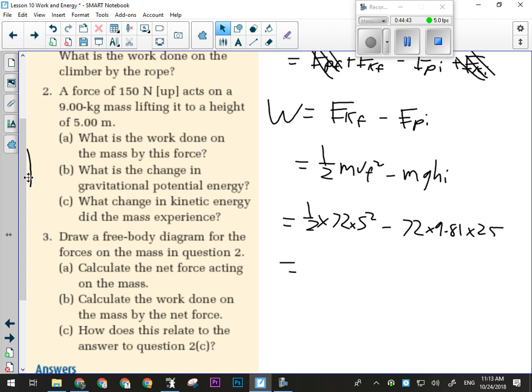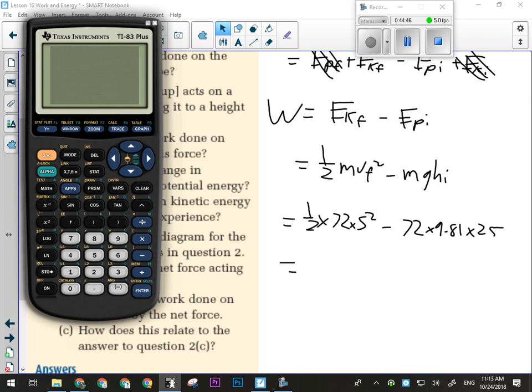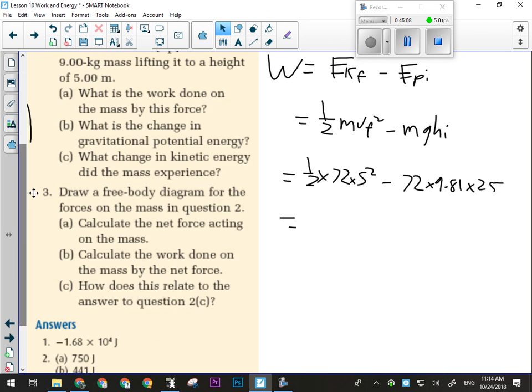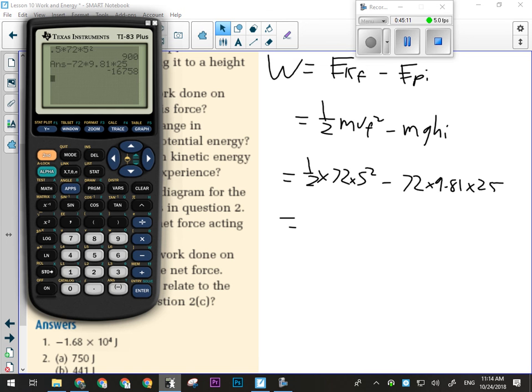All right, so when we do that, okay, we're getting negative 16,758, but I think we only have, what, 2 significant figures? 3 significant figures. So we would say that that would be 1.68 times 10 to the 4 joules of work done by the rope. Okay.